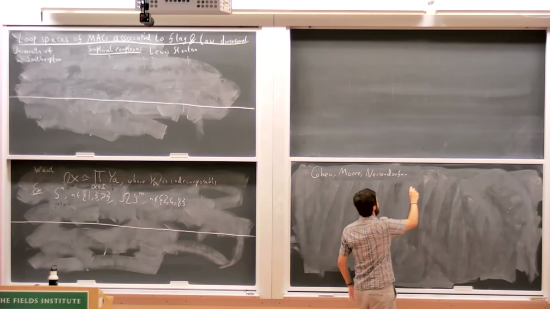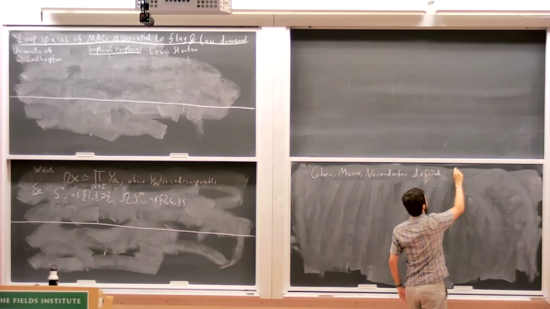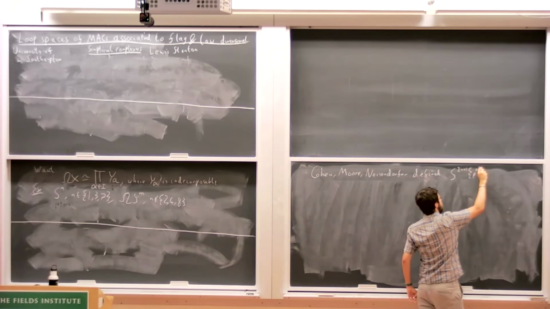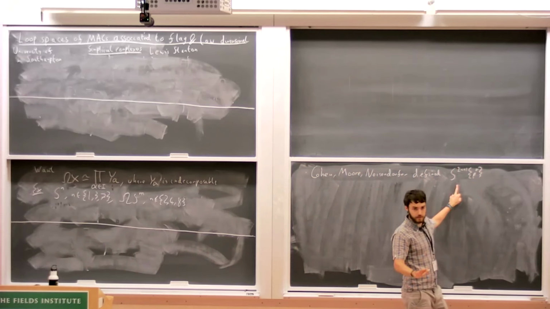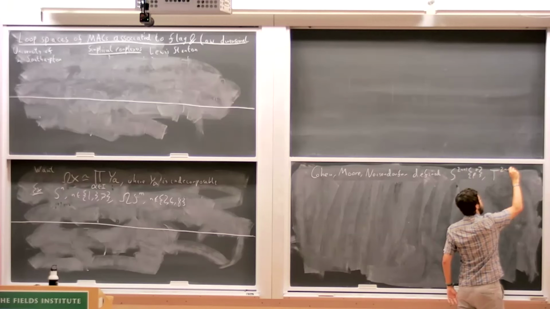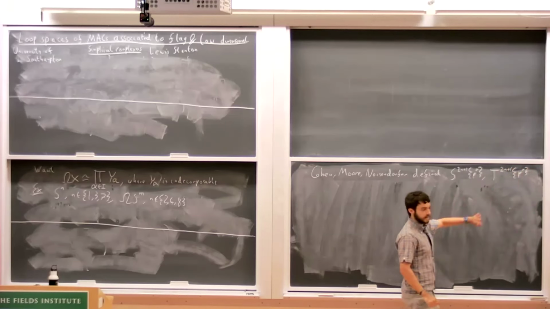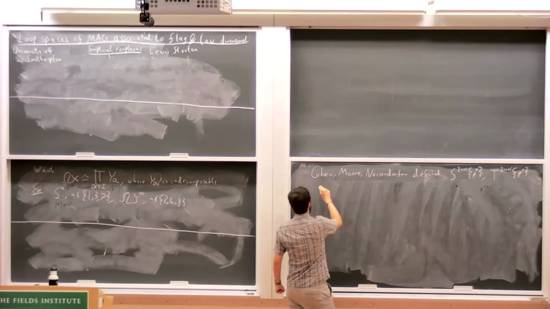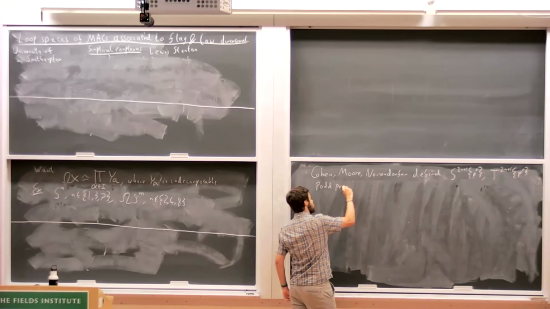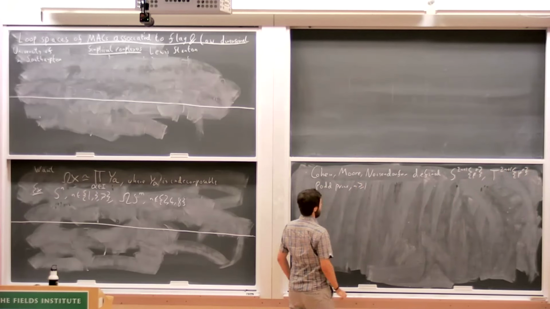Moore and Neisendorfer defined some spaces which are S^(2m+1){p^r}, and these are just the homotopy fiber of the degree p^r map. And also some T spaces which have a more complicated definition but relate to the EHP sequence, where in this case p is an odd prime and m is greater than or equal to 1.